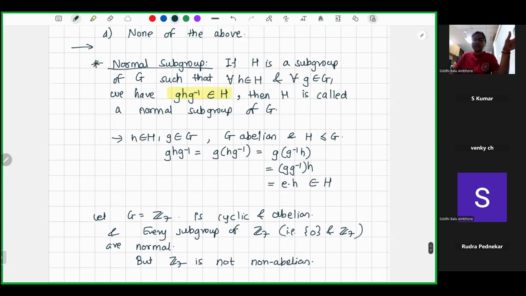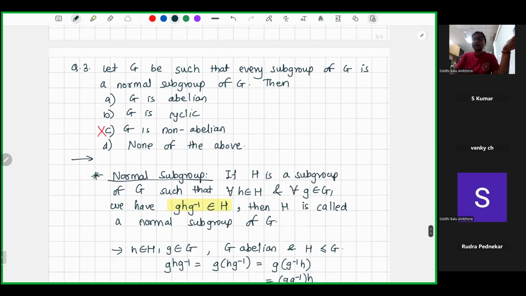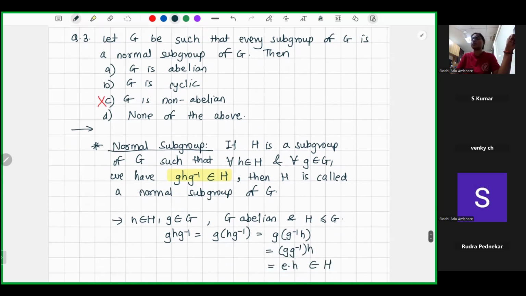This is clear, right? Because we can take abelian groups where subgroups are always normal subgroups. And in that case, this option C is anyway wrong: G being non-abelian always if G is such that every subgroup of G is a normal subgroup.